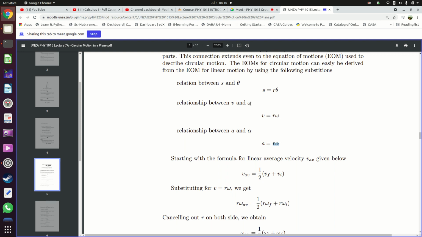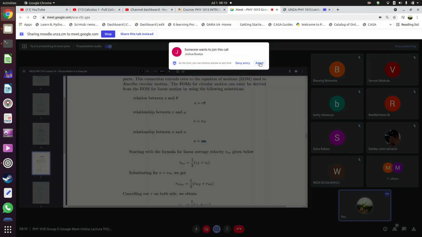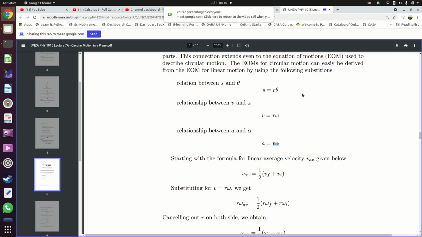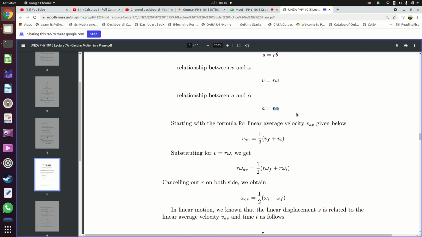Apart from these three relationships which we have, using this information we can derive new formulas to help us describe what's happening. For example, remember in a straight line there is something called average velocity.